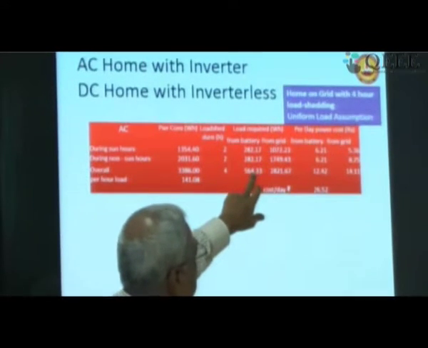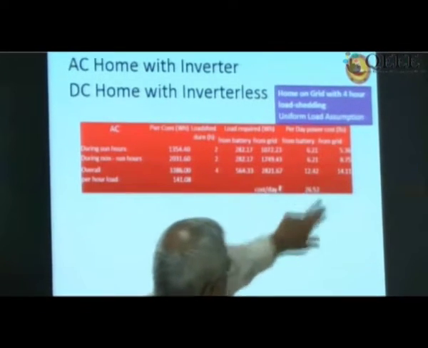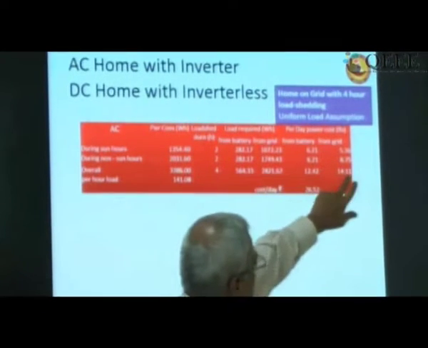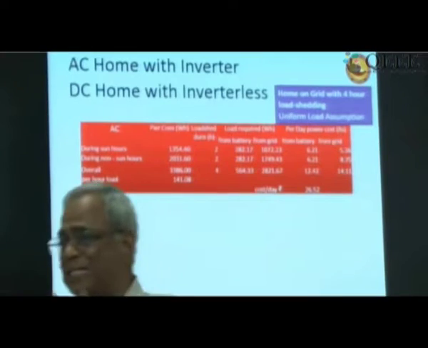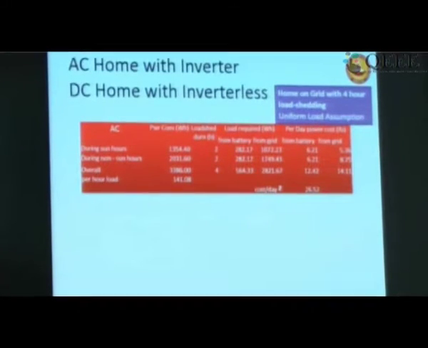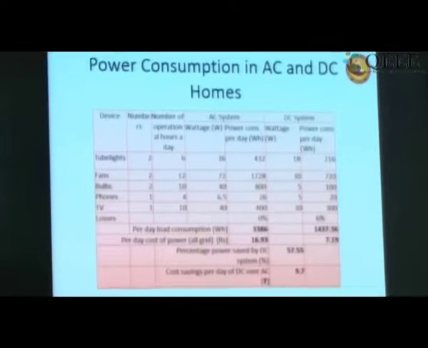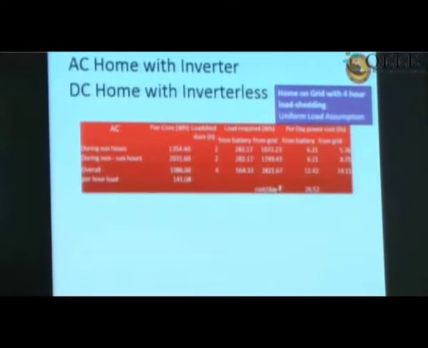I calculate this cost, this comes to 12 rupees 42, this comes to 14, and the total comes to 26 rupees. The 4-hour power cut suddenly increased the cost from previously only 16 rupees per day, now it has come to 26 rupees. I have taken the cost of the battery, etc. and solar wherever applicable. It comes to 26 rupees.